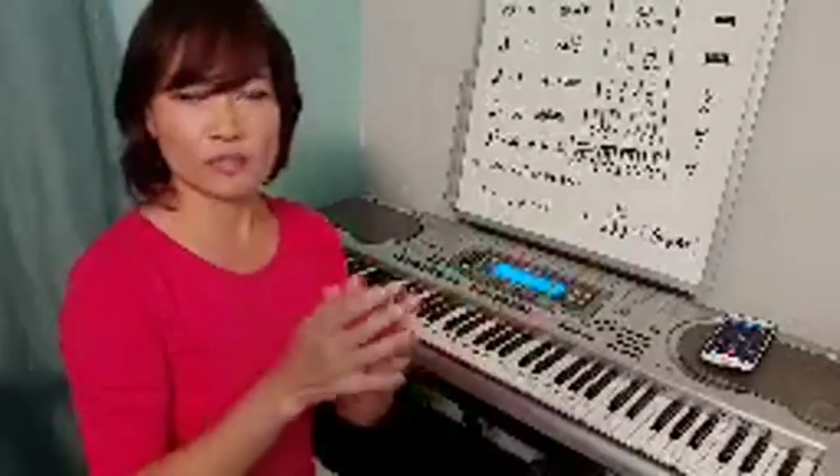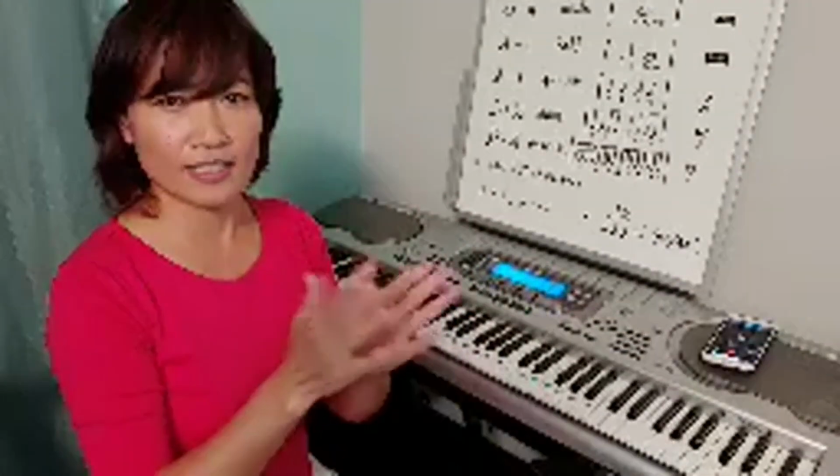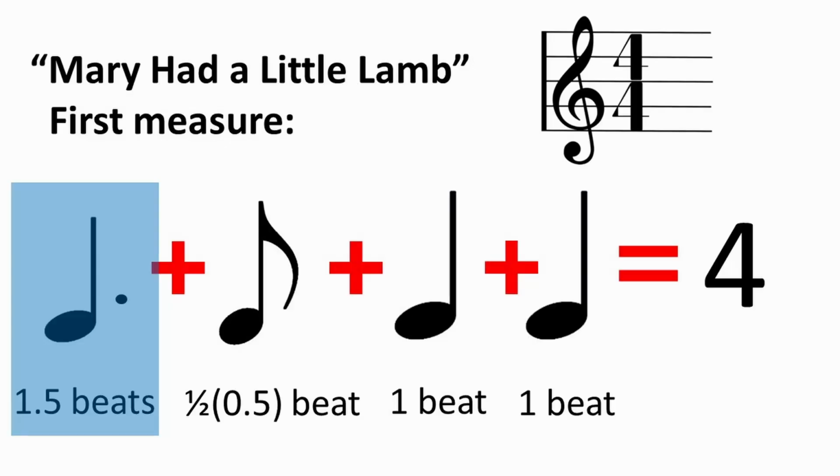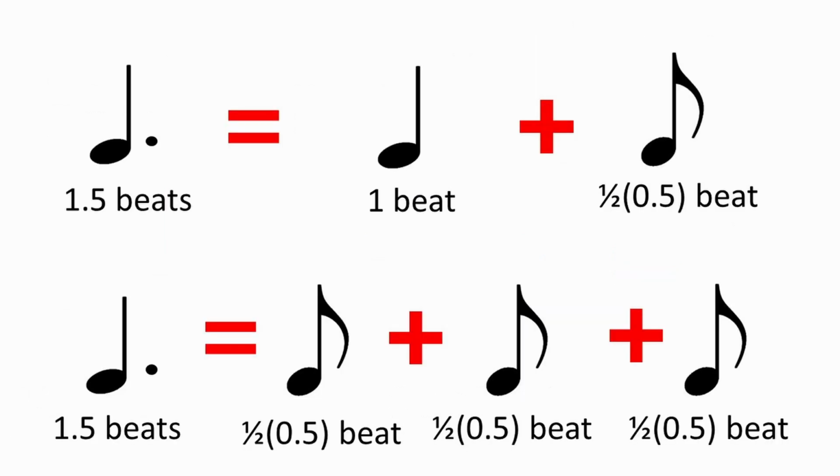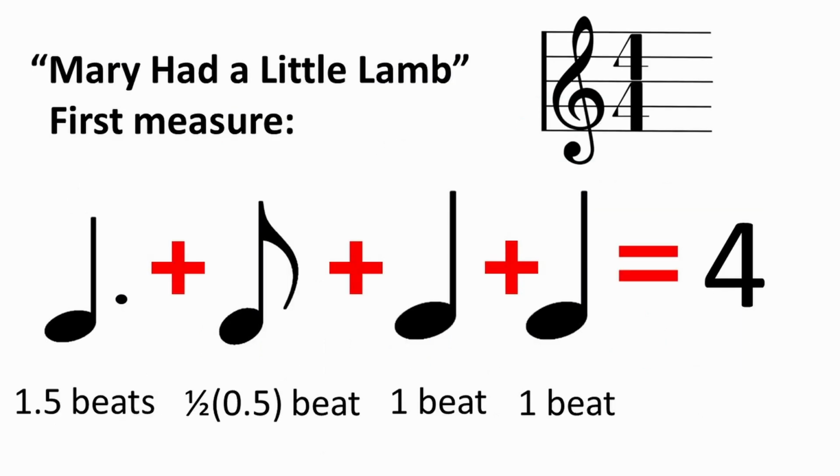If you notice, the first beat is dun, da, dun, dun. It's not dun, dun, dun, dun. So that's using this 1.5 and also using one of the 8th notes. So 1.5 equals 3 of the 8th notes, and then there's another 8th note. So dun, dun, dun, dun.